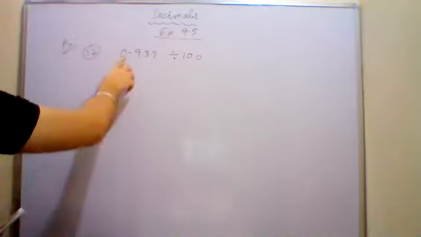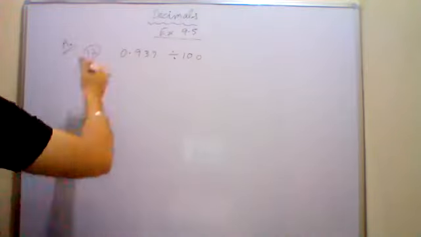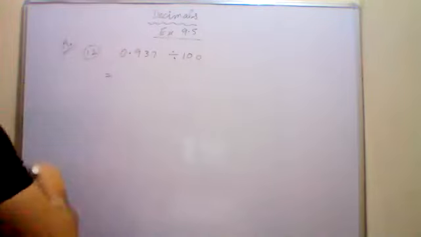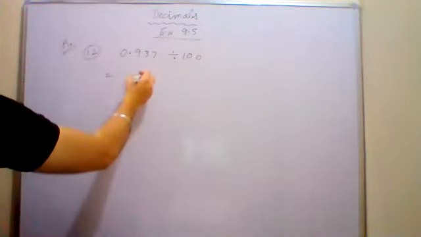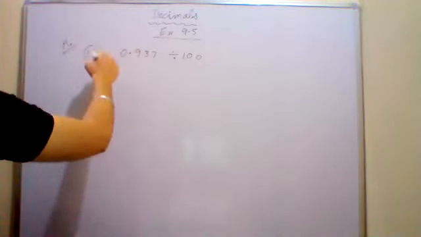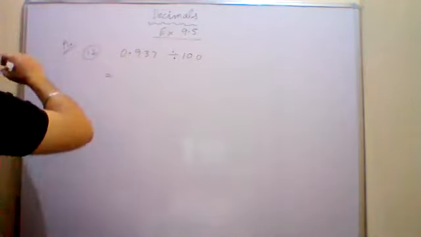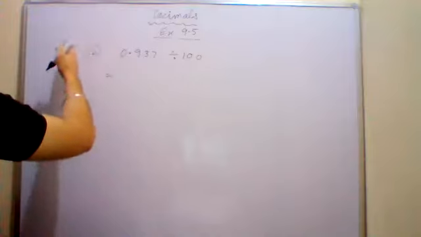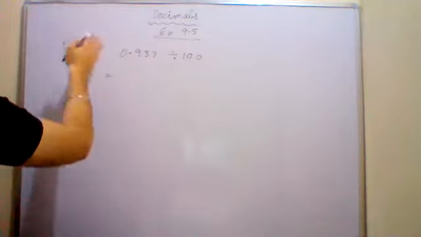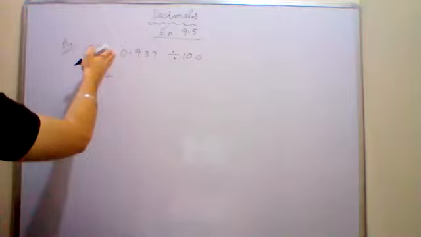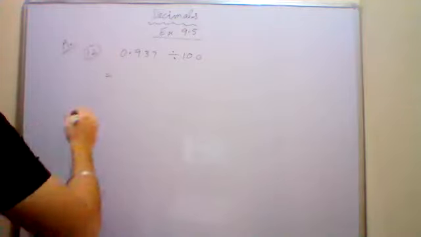But before the decimal, there is only 0 in the question. So if you move the decimal 2 places to the left, let us assume that there are more zeros on the left side. You can add as many zeros as you want at the start of the number.